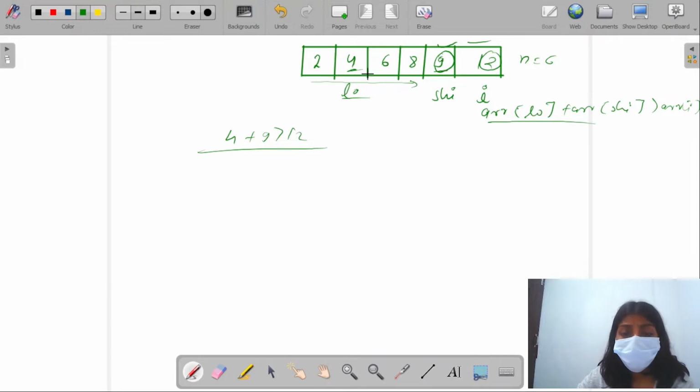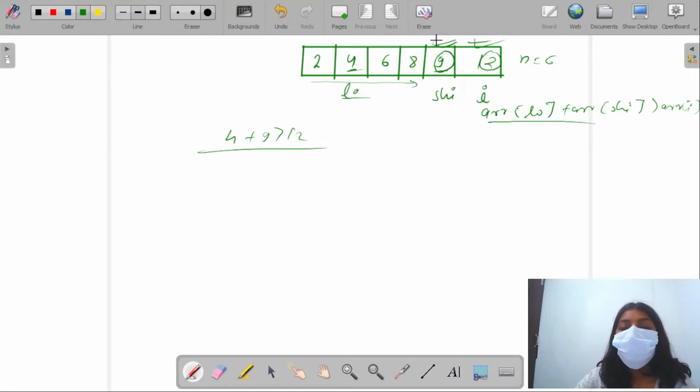So I don't need to check whether 9 plus 12 is greater than 4, because this side is even greater than 4, and this is my highest side. If the smallest plus the second highest is greater than the highest, then the second highest plus the highest is also going to form a greater sum than my lowest side, right? So I don't have to check the condition.